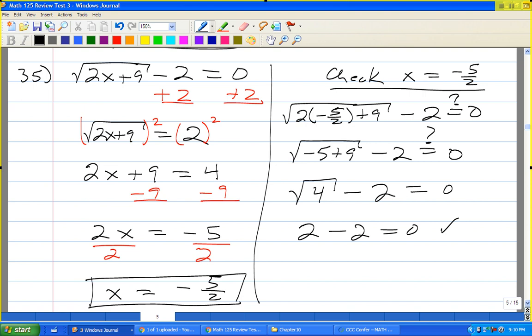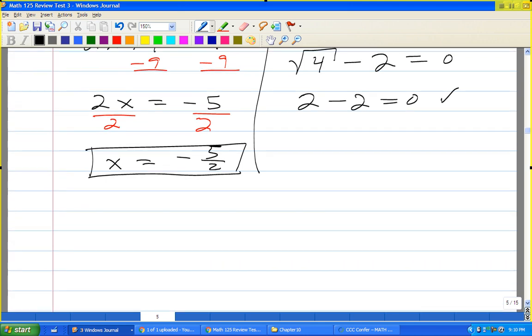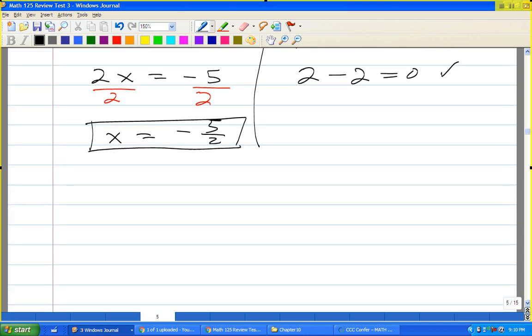Let me do problem number 36. Radical 4x plus 3 is equal to 3.